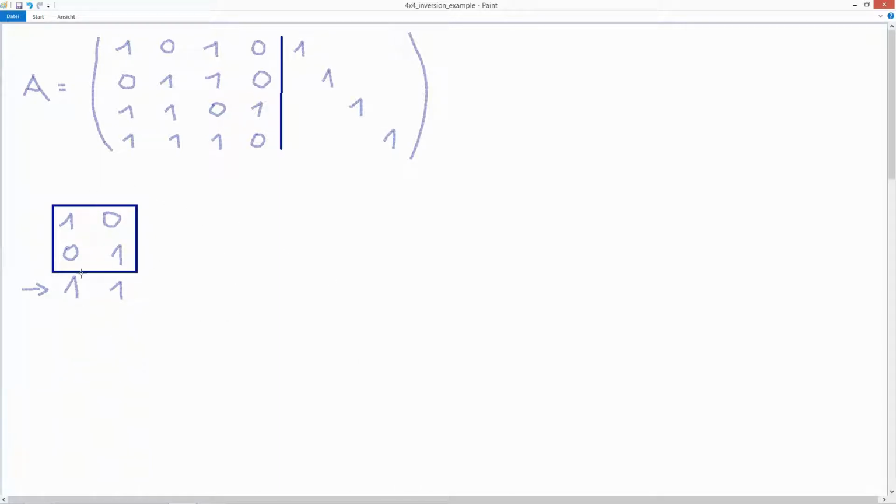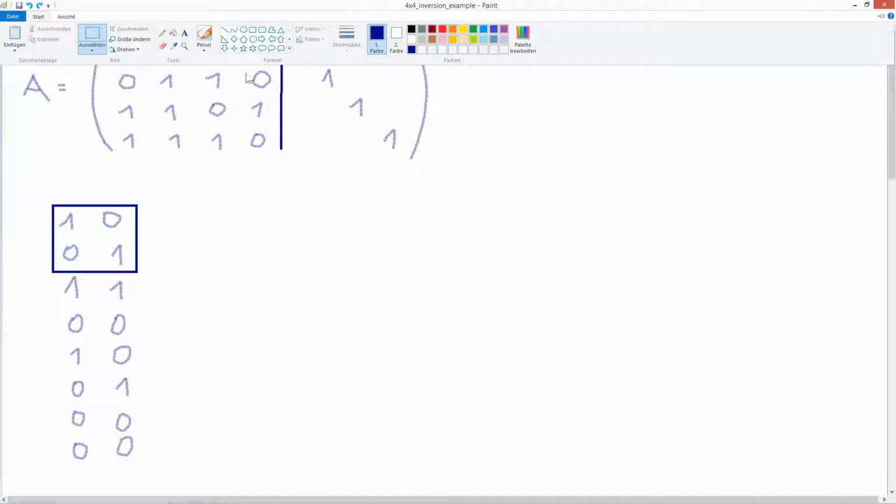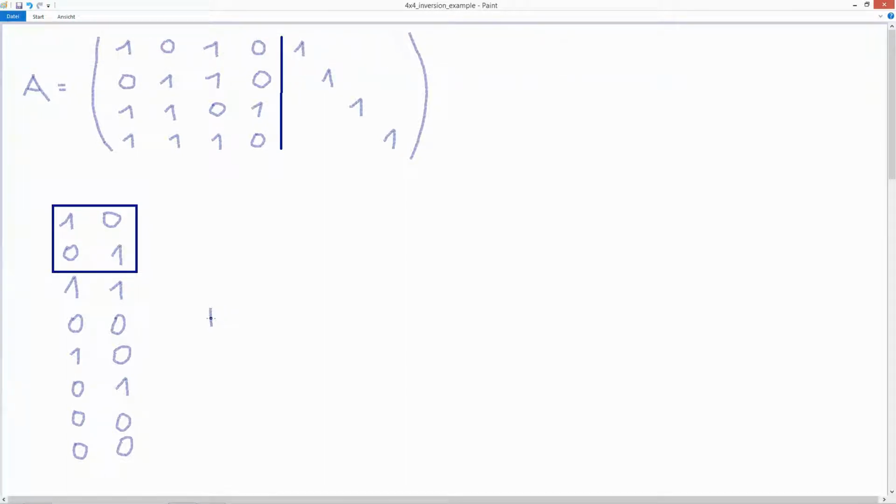And now we will calculate the cross product of these two vectors in R3. And we will write the results in another matrix. So we ignore all this here and will calculate the cross products of these two vectors in R3.